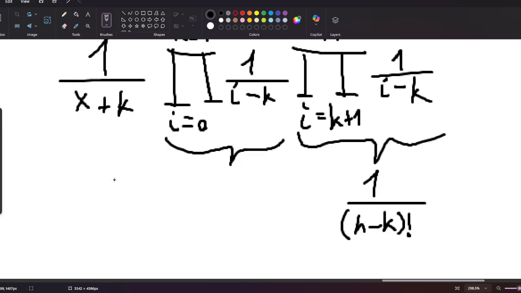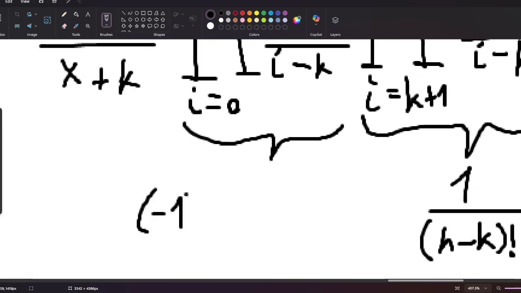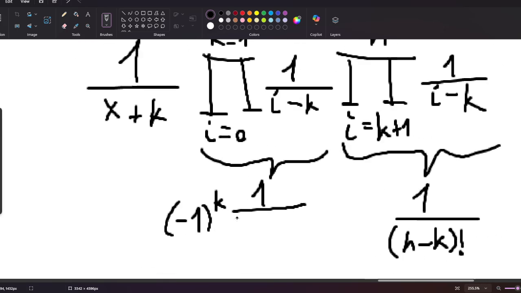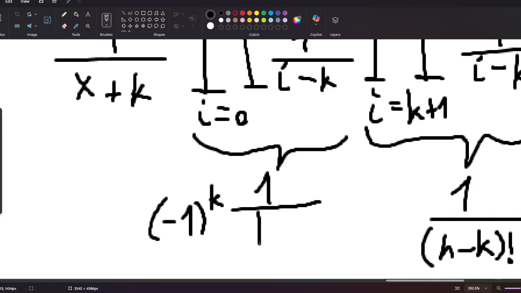This over here is practically just negative 1 to the power of k, and this is going to be just k factorial.